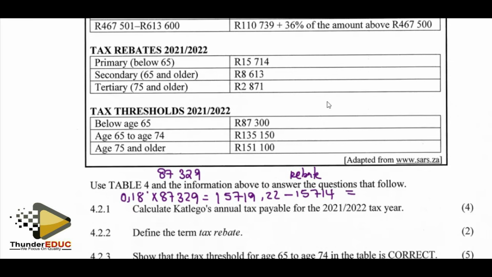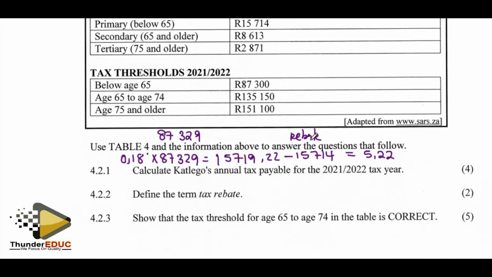So the tax that he pays is 5 rands 22. That is the tax he pays a year, the annual tax paid.